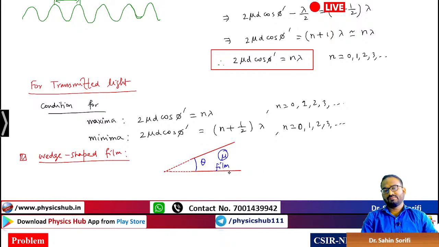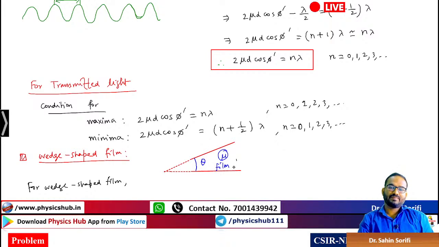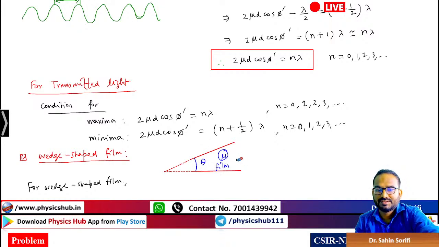So what will be the difference for wedge shaped film? The condition for maxima and minima will be very similar. In place of phi prime in the argument, the angle theta will be added.